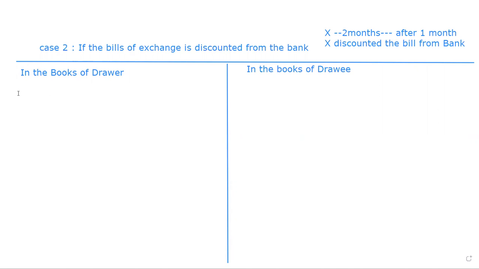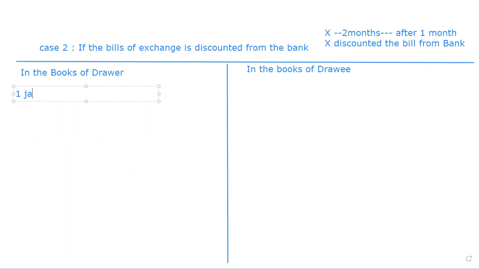What should be the entries? First of all, X sold goods to Y, and the bill is accepted. And the third entry we did yesterday, on the date of maturity. Now, on the date of maturity, the drawer is not receiving the money, because the bill was discounted 1 month earlier. So I think I should recall all the entries once again.